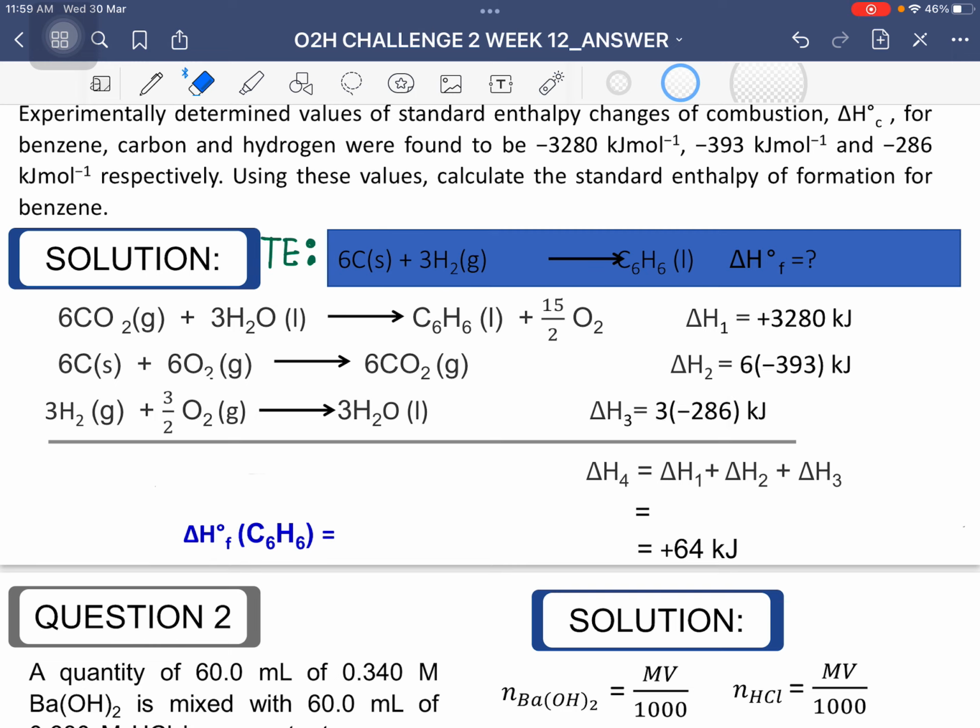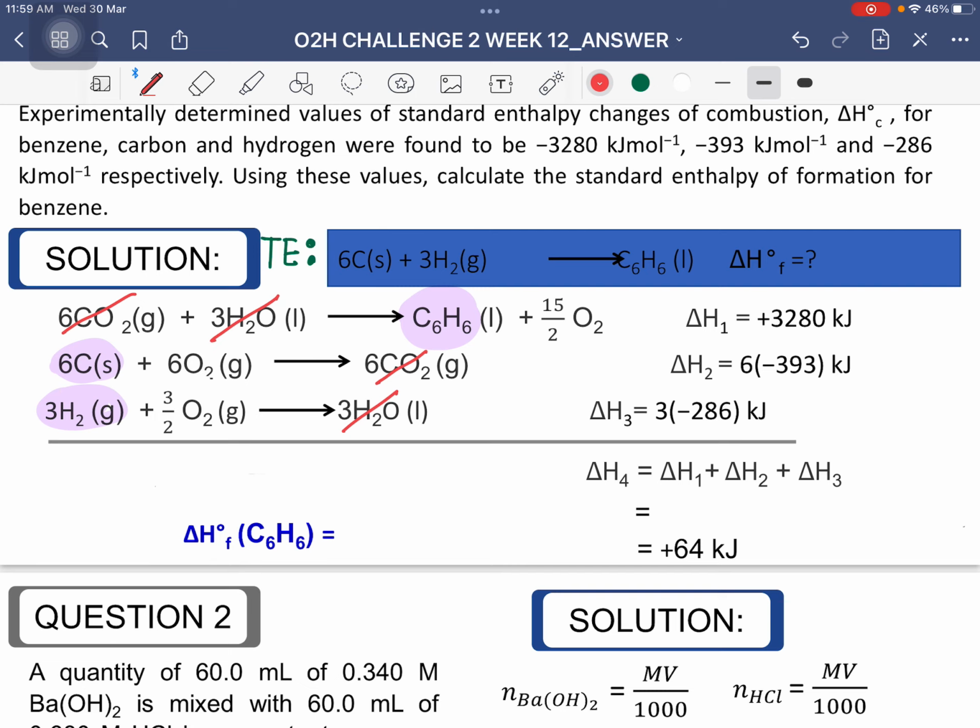Okay, to check whether what we did is correct, let's highlight our target equation. We need 6 carbon, 3 hydrogen, and 1 mole of C6H6. The rest we need to cancel. So cancel 6 CO2 on the left side with 6 CO2 on the right side. 3 H2O on the left side cancels with 3 H2O on the right side.